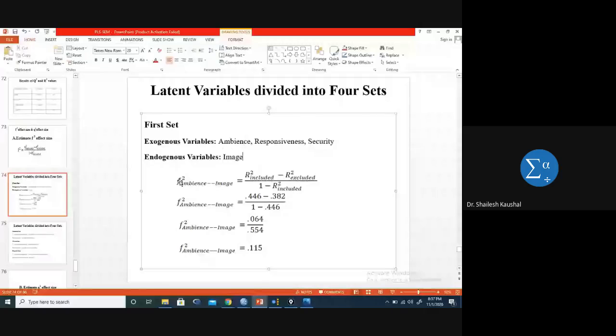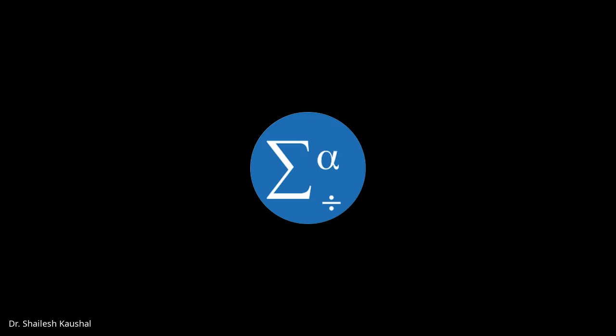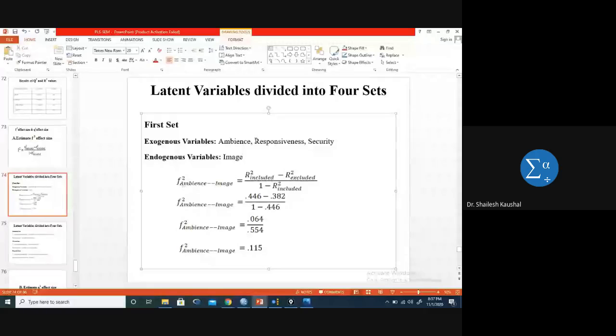First F square of ambience on image, then F square of responsiveness on image, then F square of security with image. So three times we will find the value of effect size, and it should be high, but here we can see it is low. Now the question is how to find this F square value.